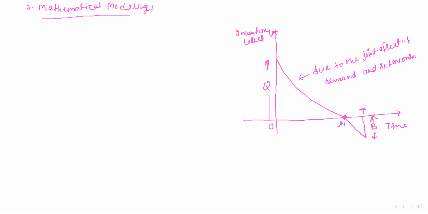Okay, so how can we write it? We can write some theoretical part from this figure. In the beginning, the retailer orders Q quantity from the supplier.